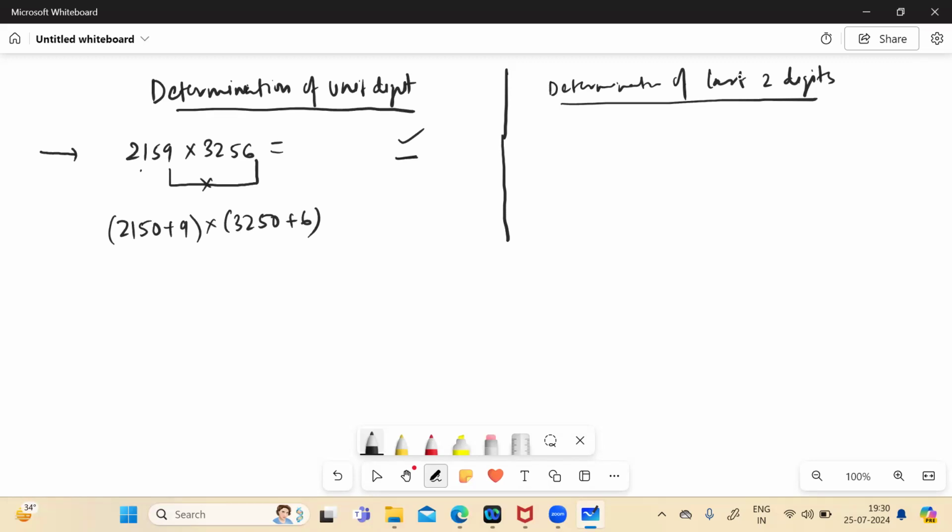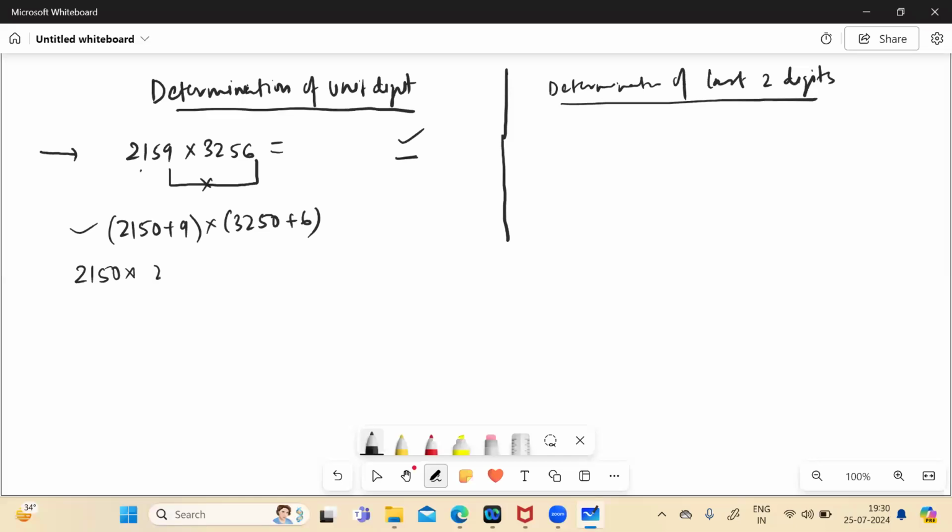When I multiply this, you can see that this multiplication will have four terms. 2150 into 3250 plus 2150 into 6, 9 into 3250 plus 9 into 6.